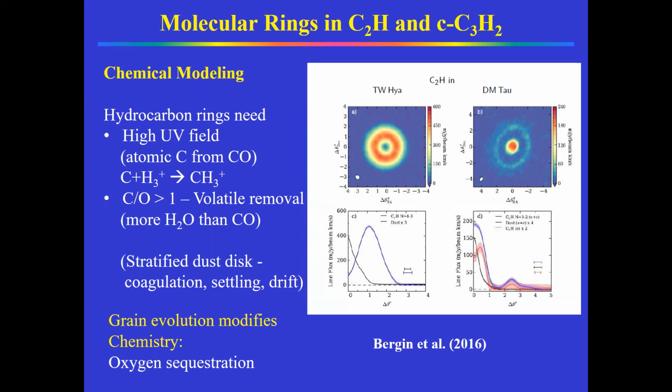So in other words, you must remove more volatiles from the molecular formation zone. So there must be more water being removed than CO. Otherwise, you would not get these high ratios. Just to remind you, of course, solar abundances are oxygen rich, and in most of the planetary atmospheres, we actually see a ratio which is smaller than 1.